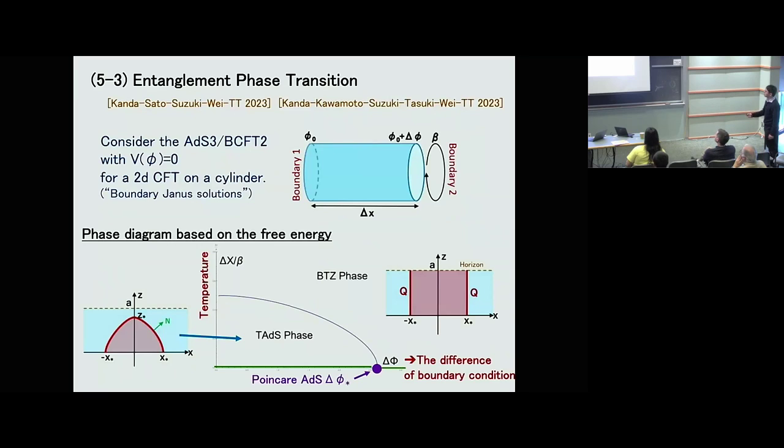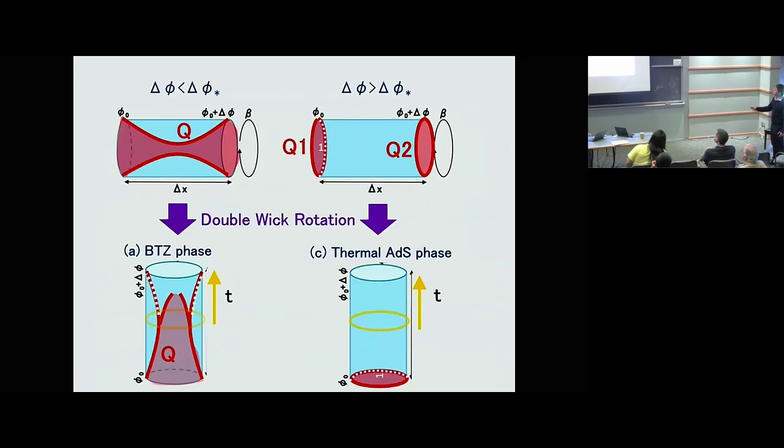This is the temperature, and this is the phase diagram with temperature and the difference of boundary condition, delta phi, the asymptotic value of the scalar field. There is a critical point actually. Usually we have a Hawking-Page transition, thermal AdS and BTZ, but this region is squeezed and goes to zero. And there is some critical point where the geometry just coincides with Poincare AdS. And so we have this kind of phase transition.